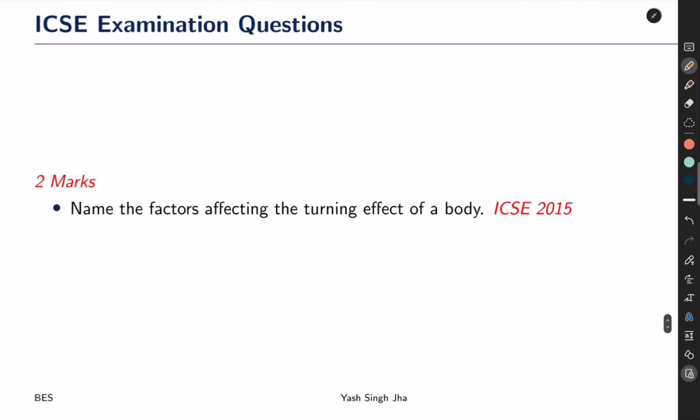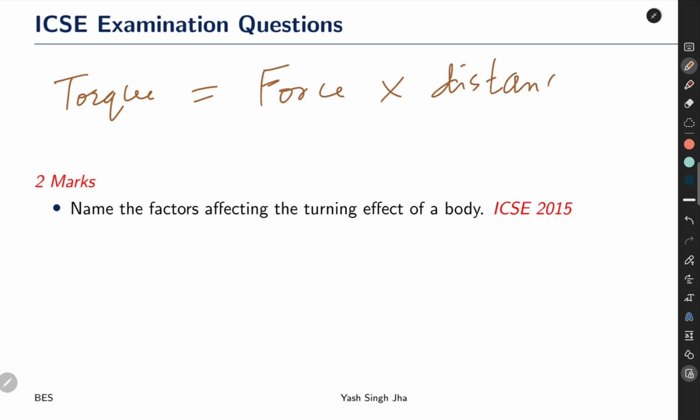Name two factors affecting the turning effect of a body. It comes from the definition of torque. Torque is defined as force times distance, the distance of the line of action of force to the point of rotation.